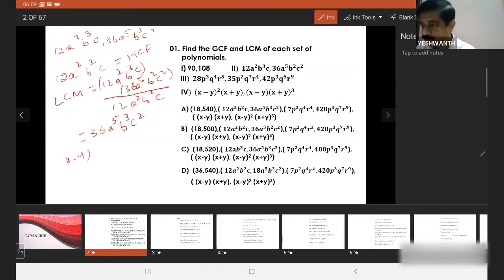If you take out x minus y into x plus y, this is HCF, and LCM is x minus y whole square, then x plus y whole cube. So option A satisfies. When three are correct, automatically the fourth one should also be correct. So this is HCF, highest common factor. This is LCM.